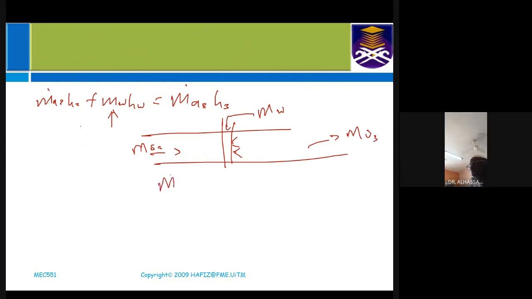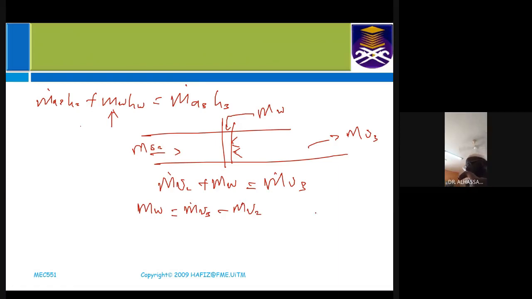So MV2 plus mass flow rate of water should be equal to MV3. Okay, so that's MW, and MW now equals MV3 minus MV2.